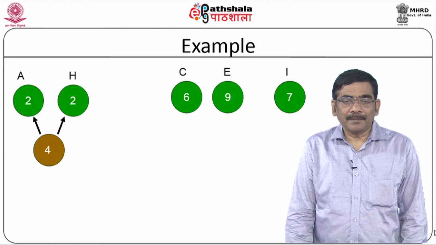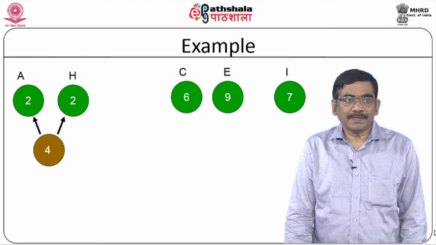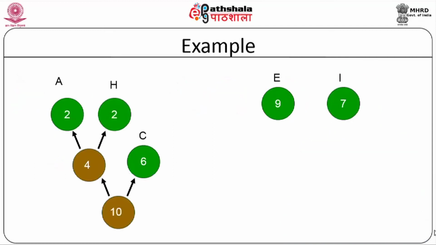So, I am trying to combine these. This is 4. Now I have to consider the best possibility for 4, 6, 9, 7. You can see that 4 and 6 are the best possibilities. So, I am getting 10. Next I have to consider 10, 9, 7.